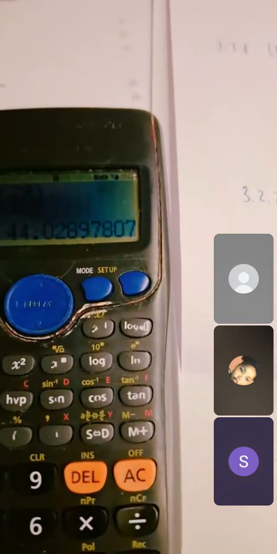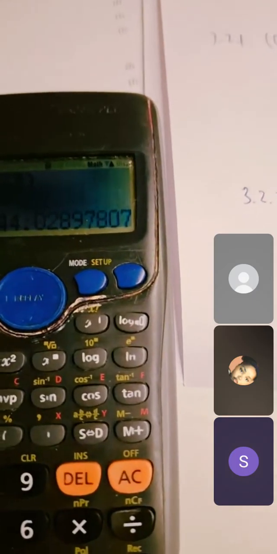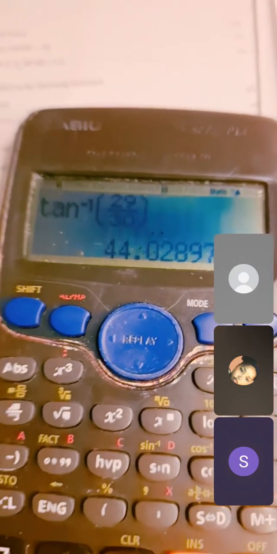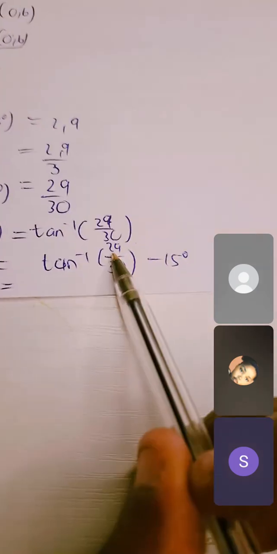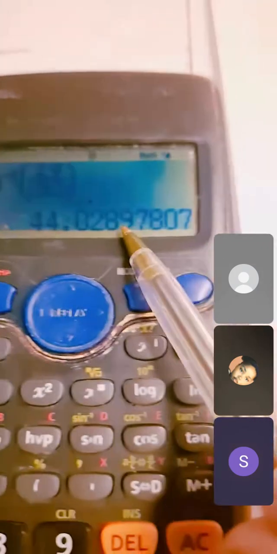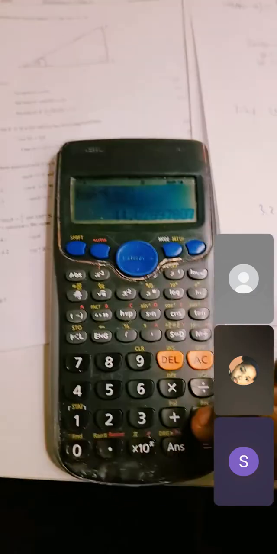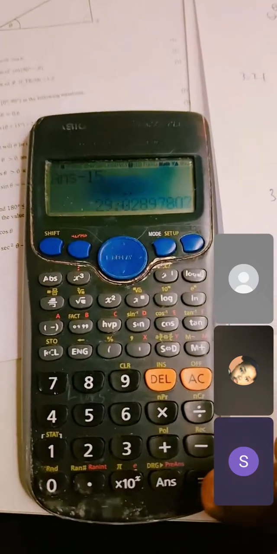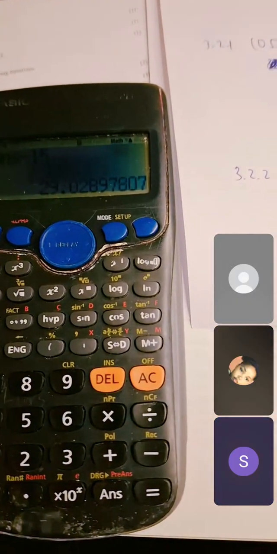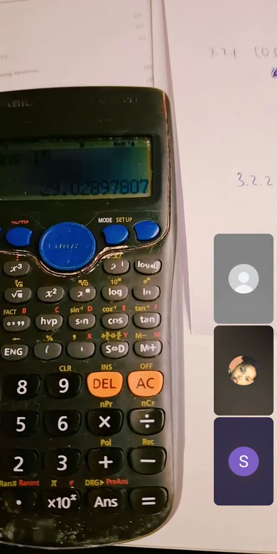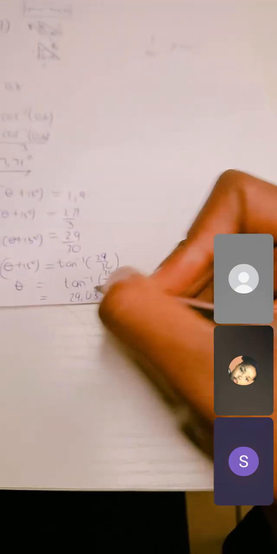So tan inverse of 29 over 30, you are obviously going to subtract 15 degrees from, because it's an angle. This angle that you get is 44.02897. Then I want to round off, obviously. At the end, I subtract the 15, and you get 29.03 degrees if you round off to 2 decimal places. That is theta.